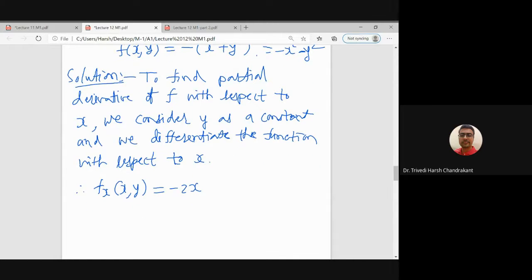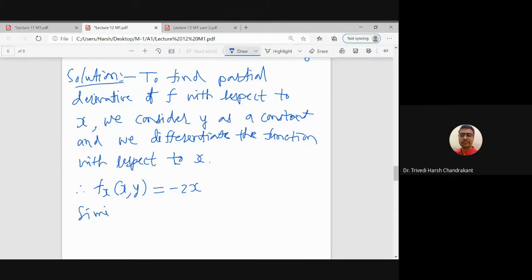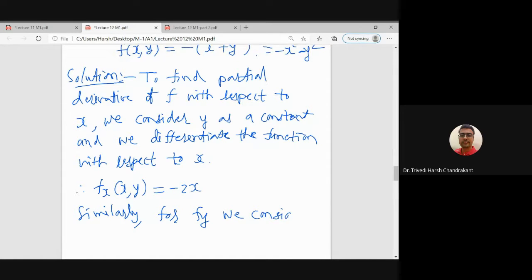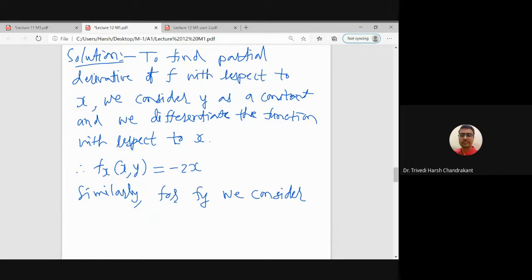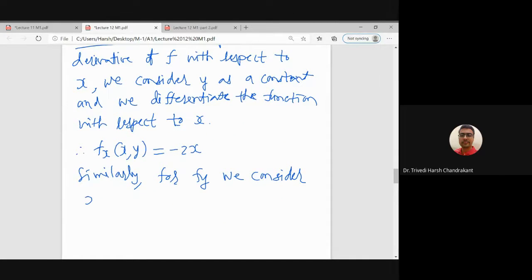Similarly, for fy, we consider x as a constant and differentiate with respect to y.